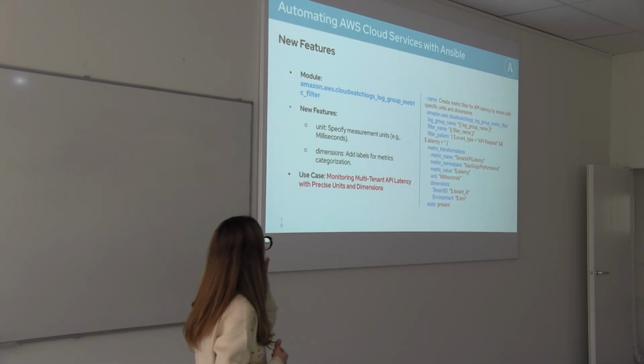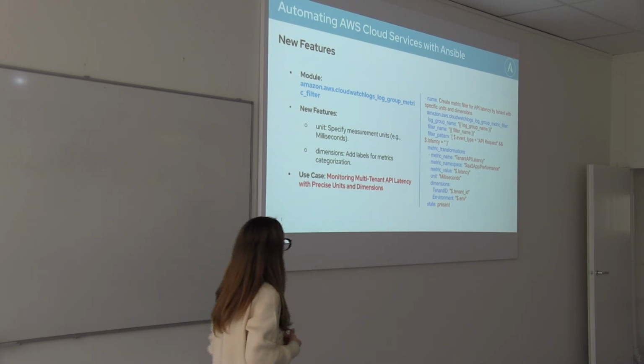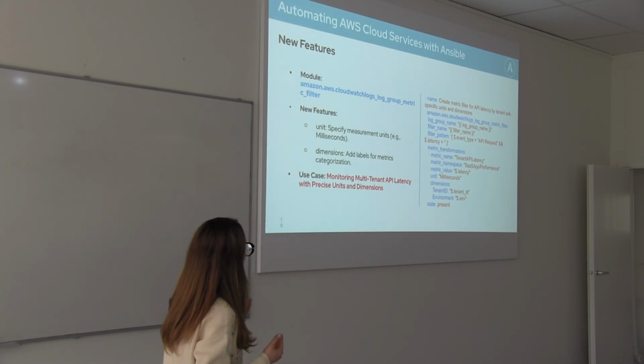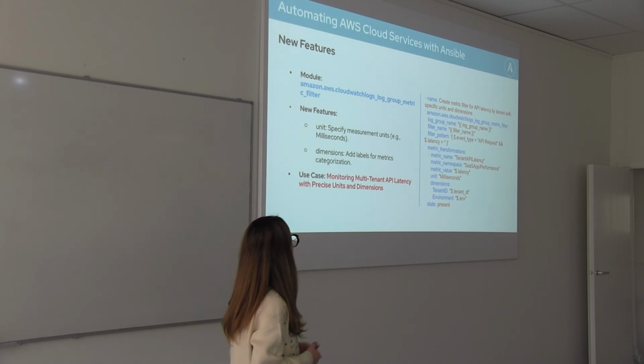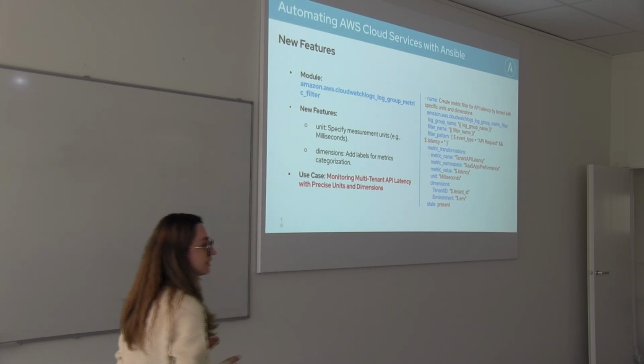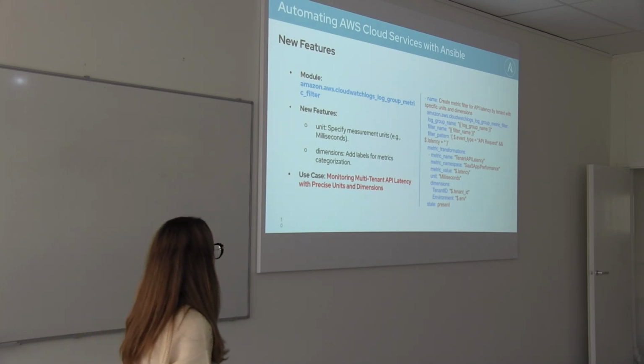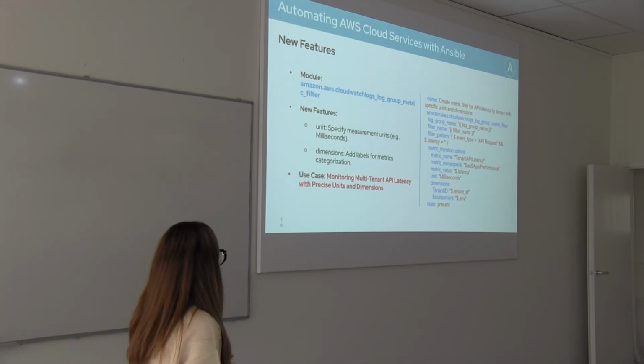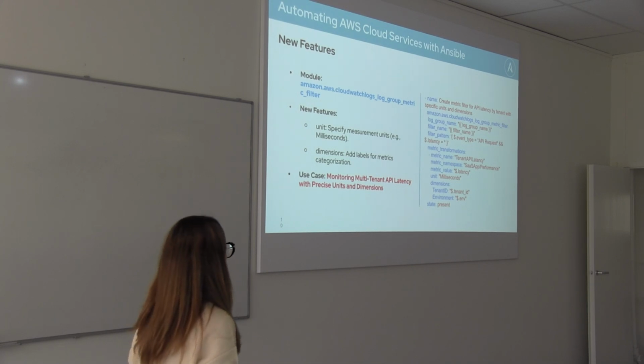For example, if you want to measure the API latency in milliseconds and categorize your logs by tenant ID and environment, this is a great use case scenario where you can use these new options.